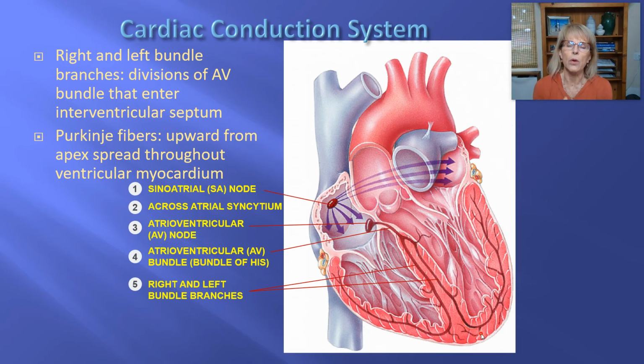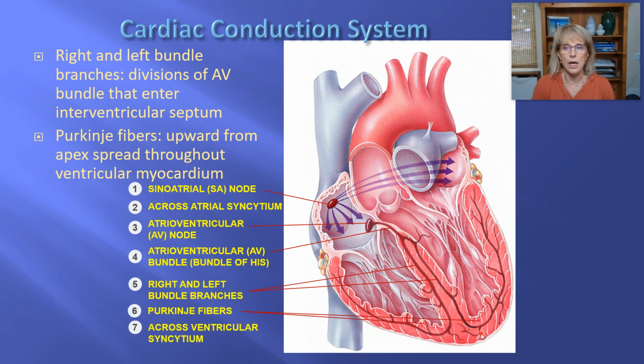But we need a little bit more organization to get the ventricles to contract briskly. So we're going to need a third conduction fiber. We're going to need Purkinje fibers that are going to help organize the distribution of this action potential going up the ventricles of the heart.